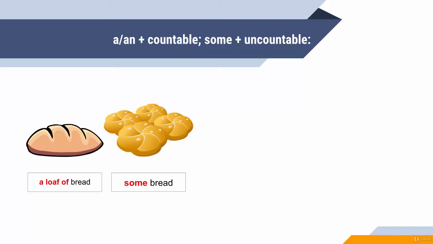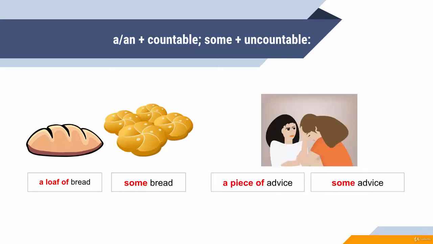No, you say please go and buy a loaf of bread, or go and buy some bread. A piece of advice, some advice. Advice is also uncountable. You can't say I need an advice. You say I need a piece of advice, or I need some advice. Would you help me? A piece of advice.